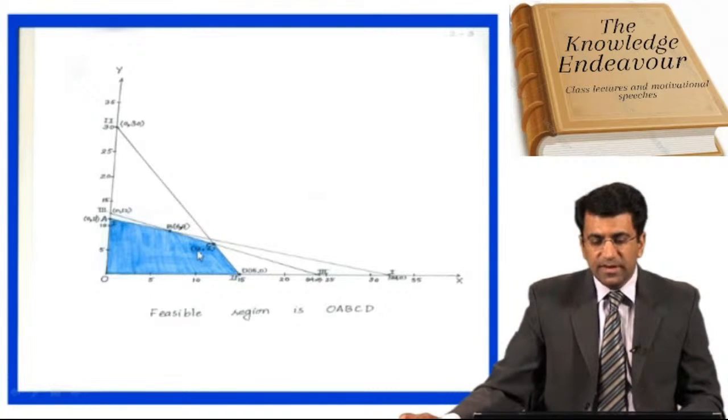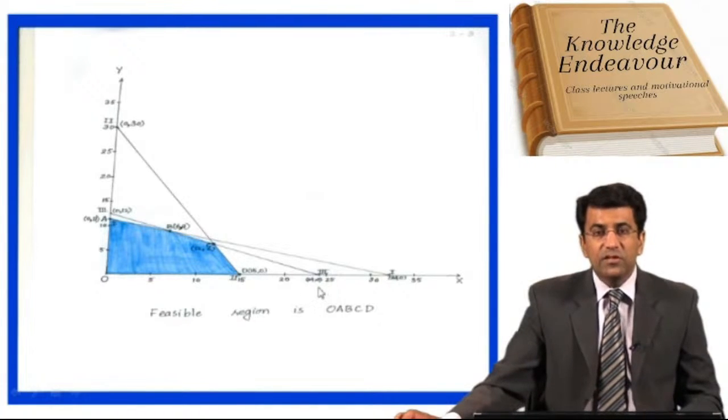The next point is C, that is this particular point within the feasible region, which is actually the intersection of this line 2 and this line 3. So point C is the intersection of line 2 and line 3, and we will solve again the equations 2 and 3 in order to find that particular point C on this graph.